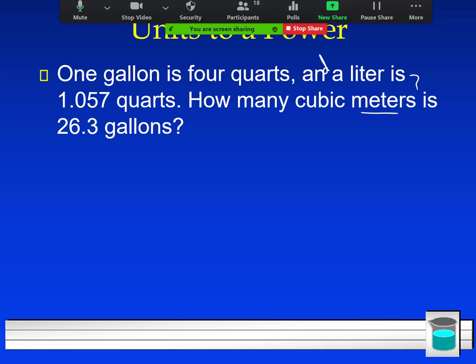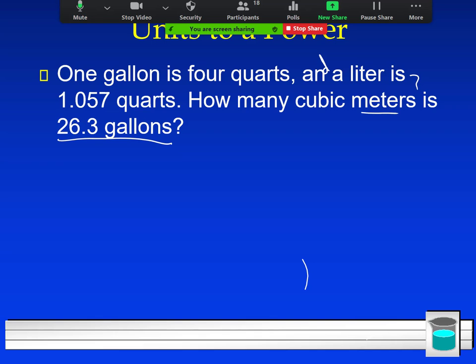Well, cubic meters is a volume. Okay? But I don't have anything cubed here. I got gallons. How am I going to get from gallons, things measured in a measuring cup, to cubic meters, things measured with a ruler? And that relies on those facts we learned at the end of the period on Tuesday.